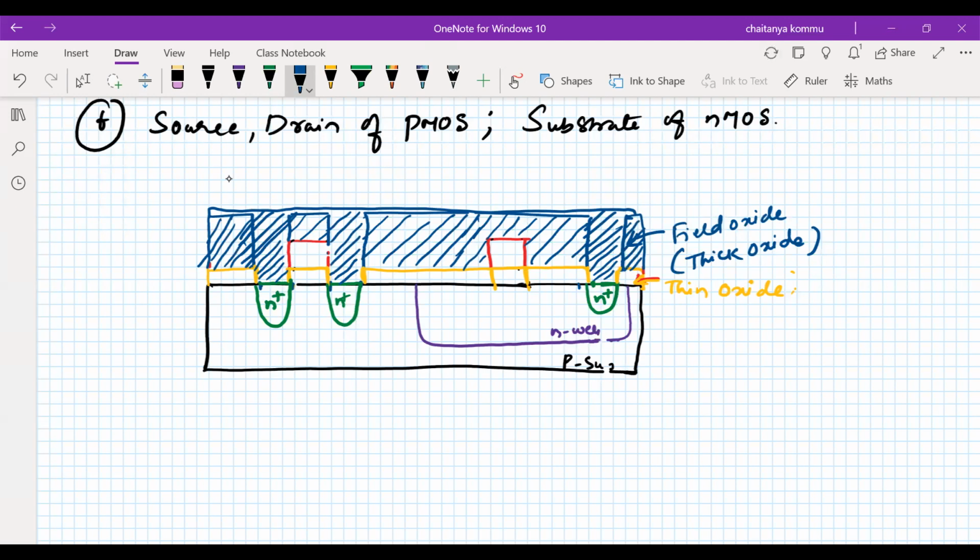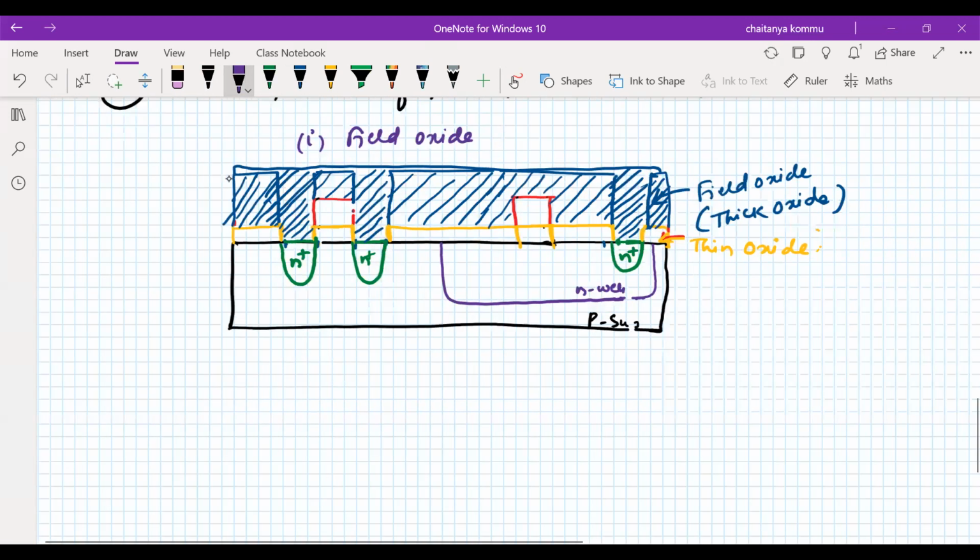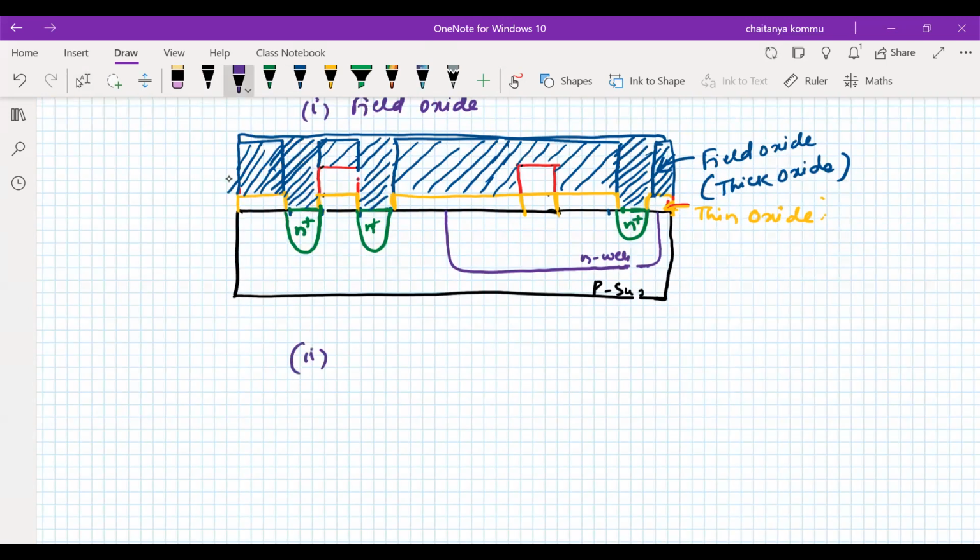Now we have to open the windows. Where do we have to open the windows? As I mentioned, the first step is field oxide. That is the reason why field oxide and photolithography are common steps.